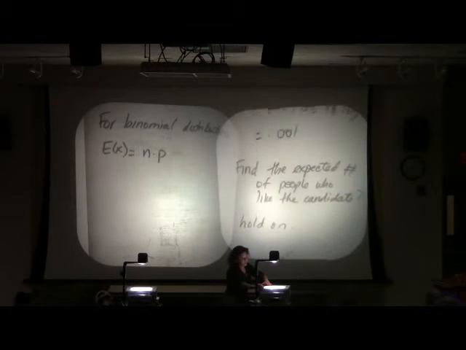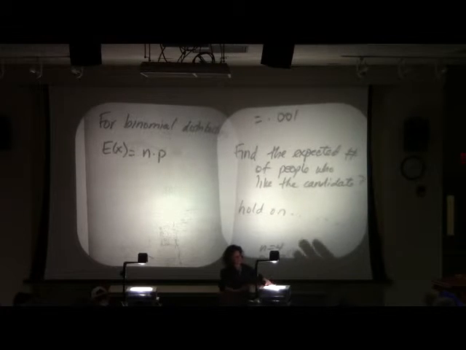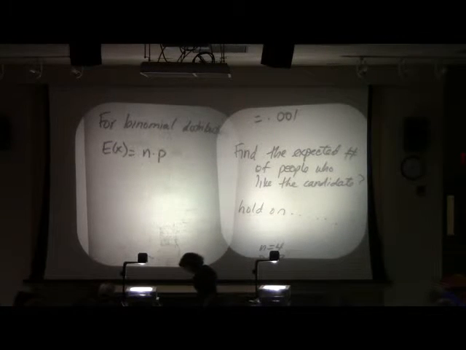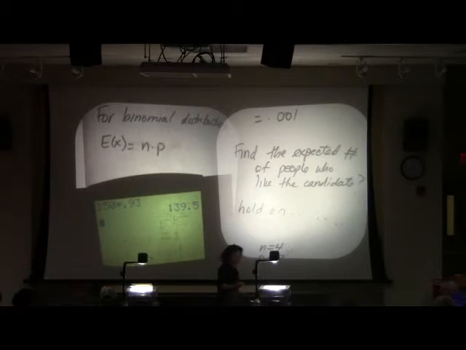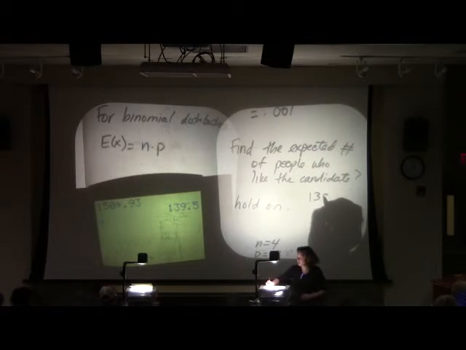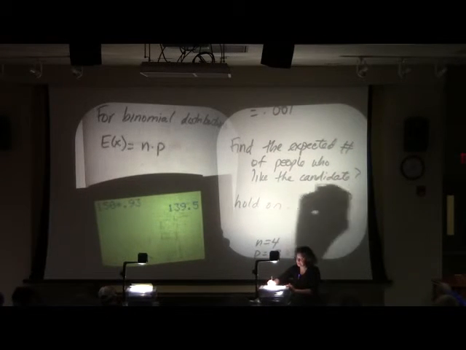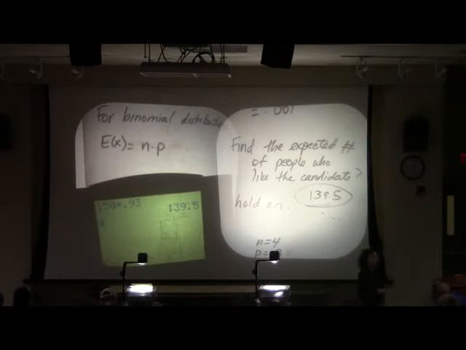So let's rewind over here. We wanted to find the expected number of people who liked the candidate. What was my n value? 150. And my p was what? 0.93. You take 150 times 0.93, and we could expect about 139.5 people to like that candidate.